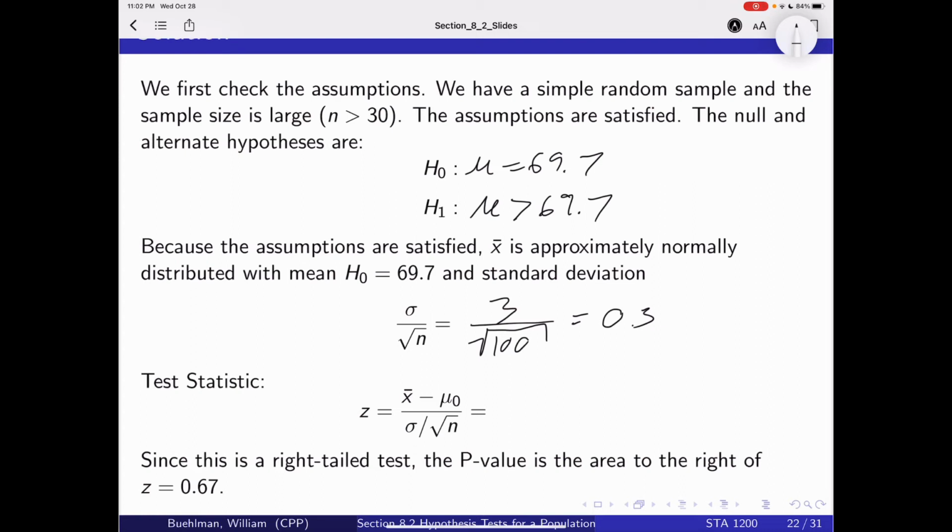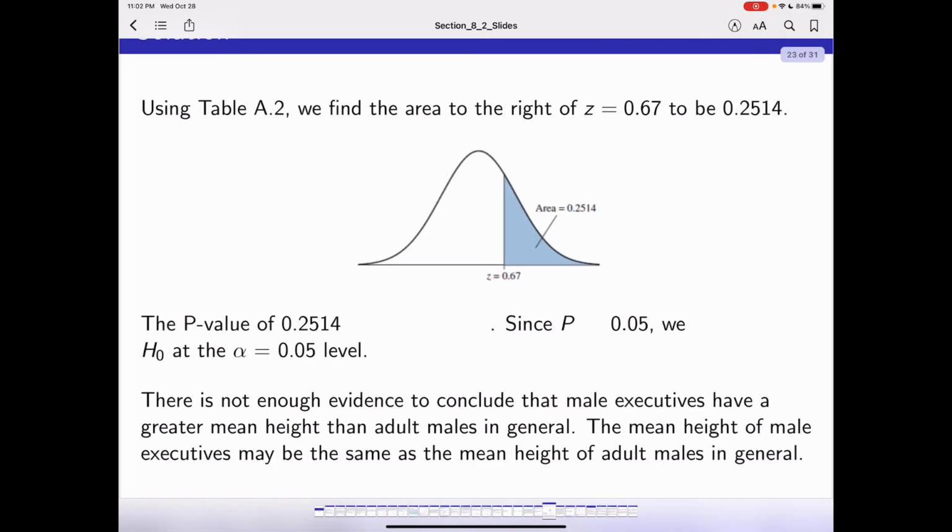The test statistic is 69.9 minus 69.7 over 0.3, which gives us 0.67. Since this is a right-tailed test, the p-value is the area to the right of z equaling 0.67. Using table A2, we find the area to the right of z equaling 0.67 to be 0.2514.